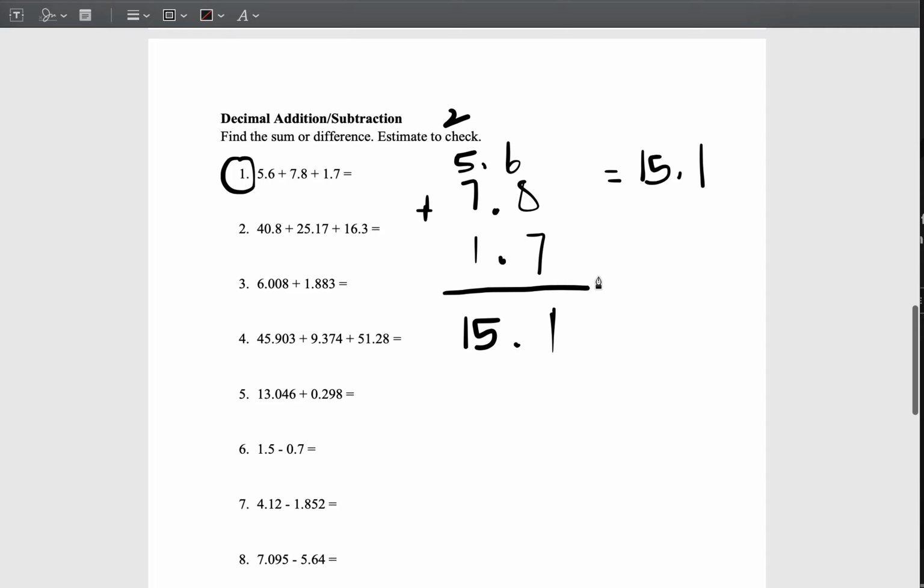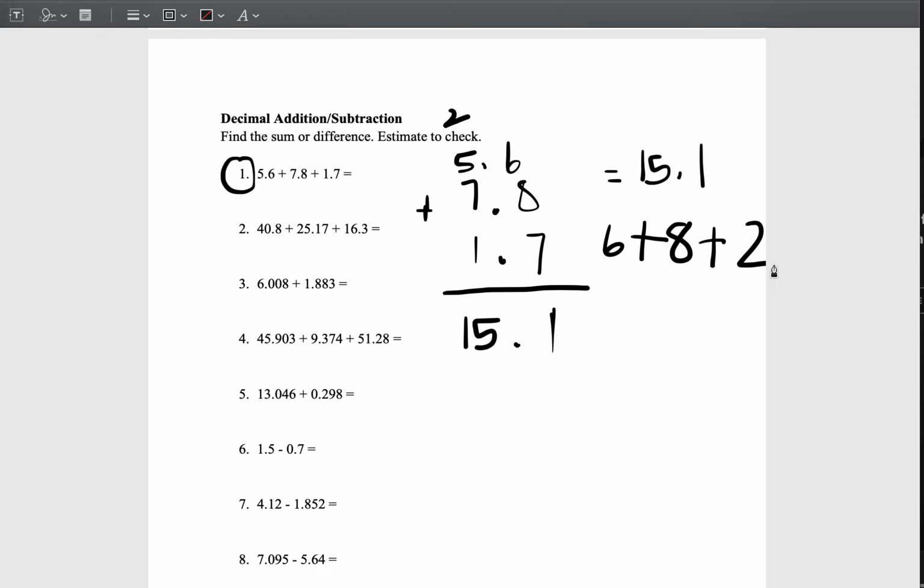And it says estimate to check. So 5.6, if we round it, look at the 6. 6 is above 5, so it'll be 6. 7.8, now we look at the 8. The 8 is greater than 5, so we round up and then add 8. 1.7, 7 is above 5, so round up to 2.